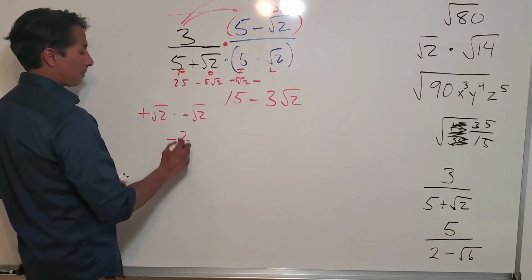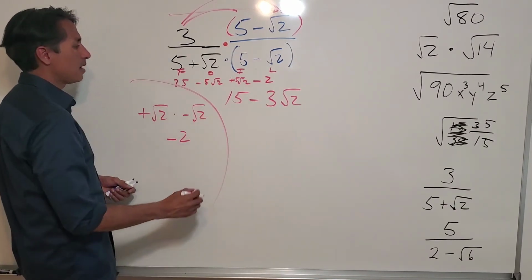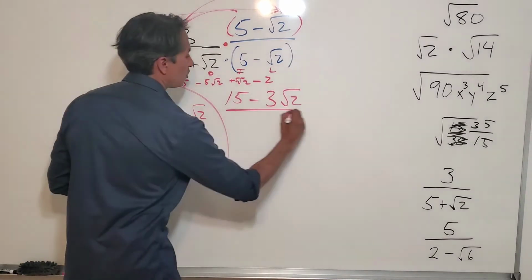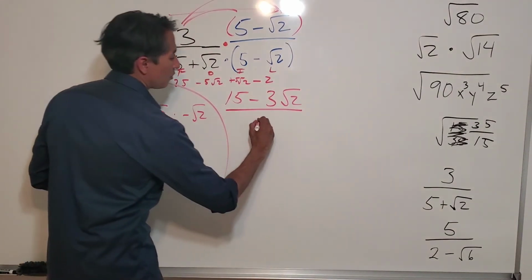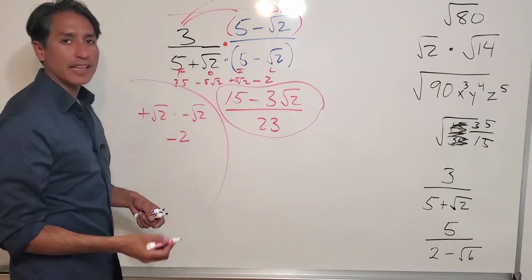All right, so that goes there. So the middles would disappear, and I end up with 25 minus 2. What's 25 minus 2? 23. And that's my final answer.